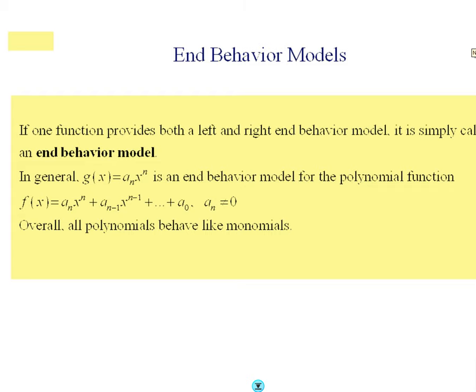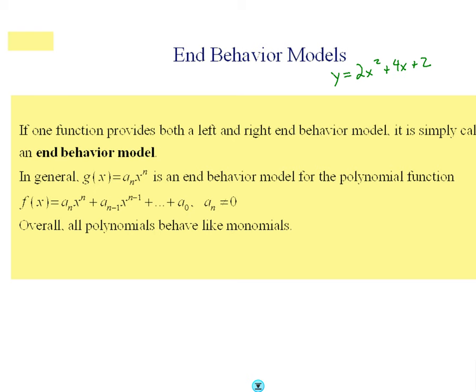Now we're going to talk about something called end behavior models. If I have y equal to 2x squared plus 4x plus 2, I'd have to say, as x gets bigger and bigger, what does the height of it look like?